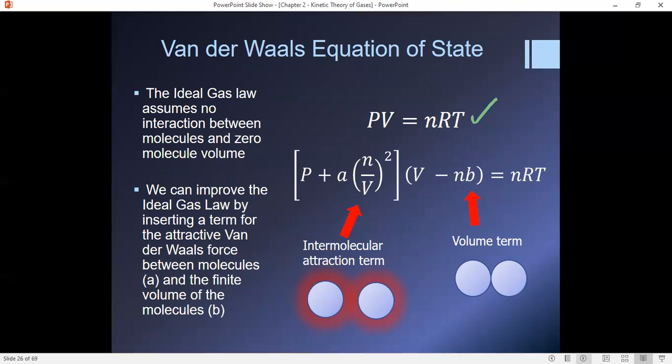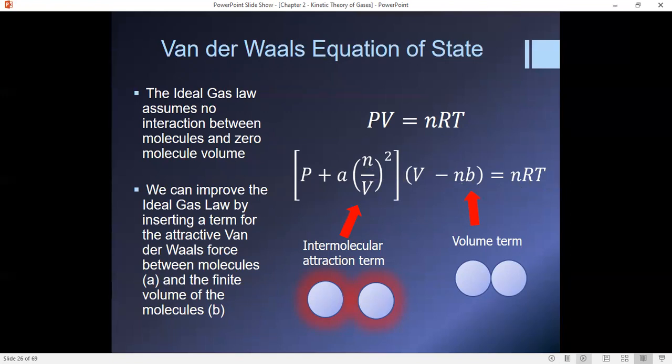And now here is the van der Waals equation of state, and notice I've got some additional terms. In the ideal gas law, we just had the number of moles on the right-hand side of the equation. Now the number of moles appears in a volume term and in what we call an intermolecular attraction term.